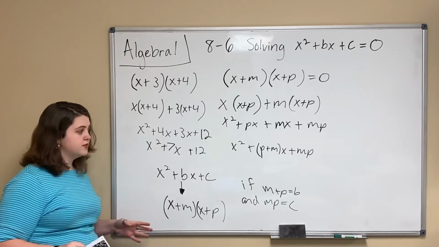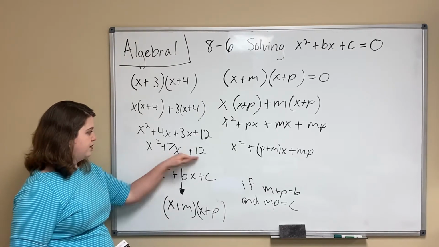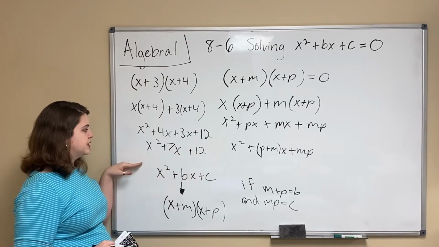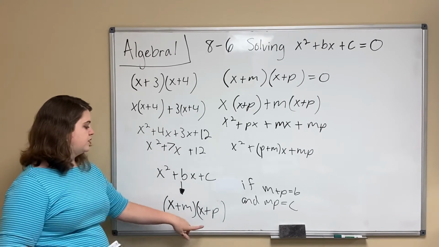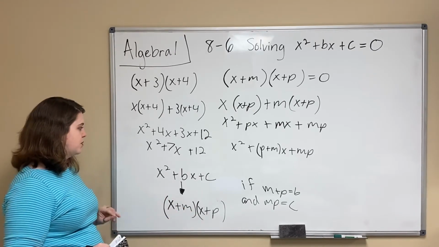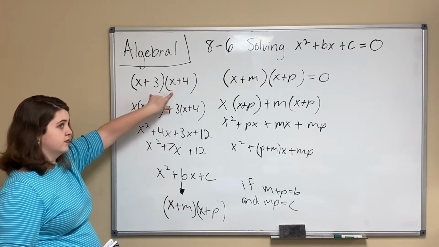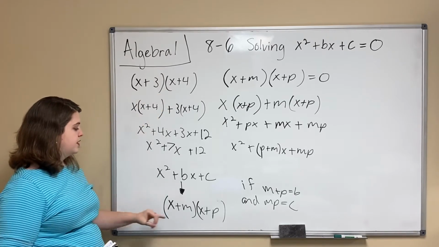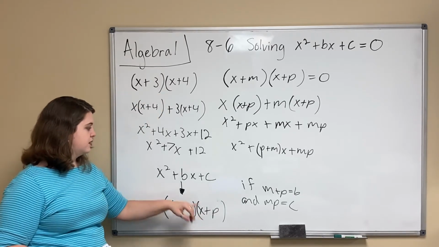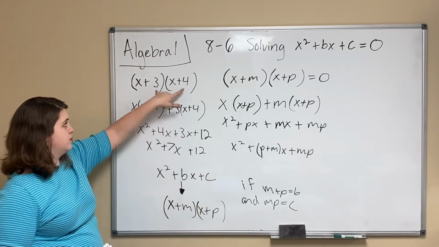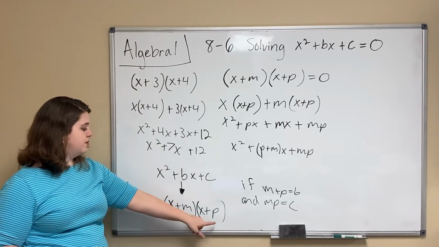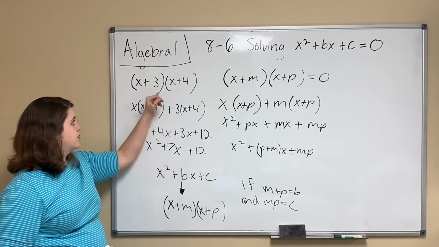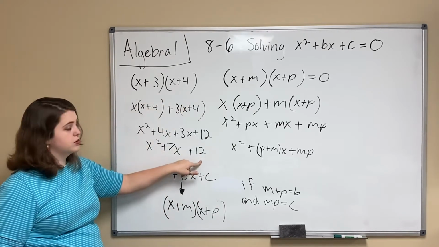So if you have an equation like x squared plus 7x plus 12, we can break it down into two binomials if m plus p equals our b, so 3 plus 4 equals 7, and m times p equals c, so 3 times 4 equals 12.